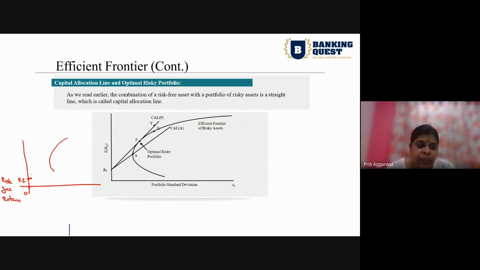The line which joins tangential to the efficient frontier. I'm so sorry. One second, I'll do it again.